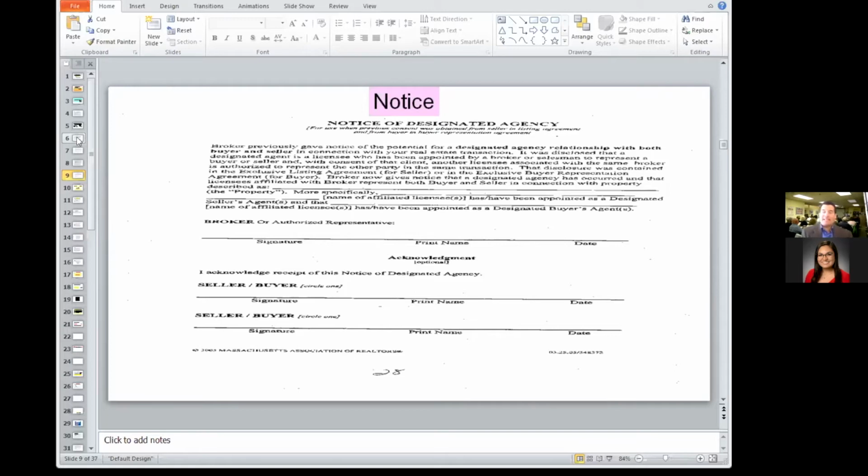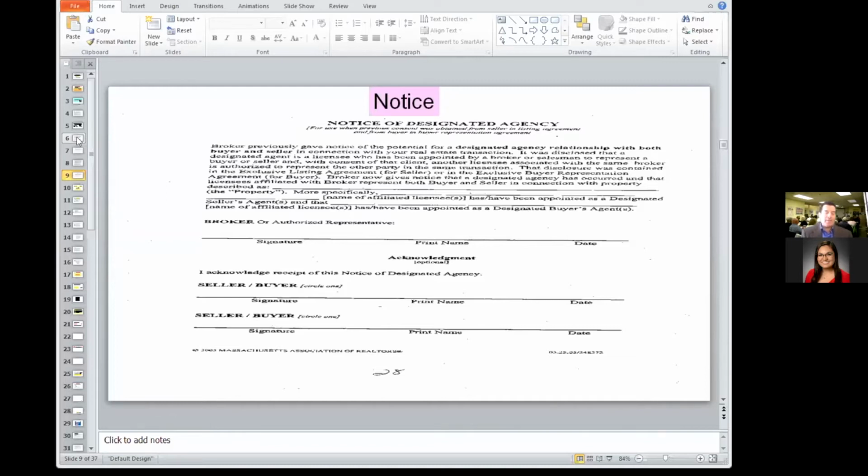So that means the broker, the company, is now acting as dual agent. So I have to make sure that Mary is given a notice of designated agency, which takes place right now. Notice of designated agency is required when you're showing Mary an in-house listing in a designated agency office.